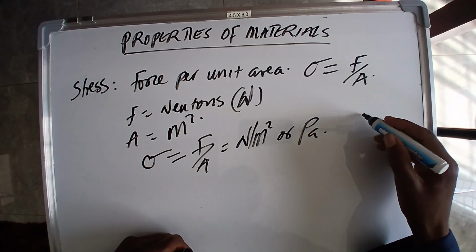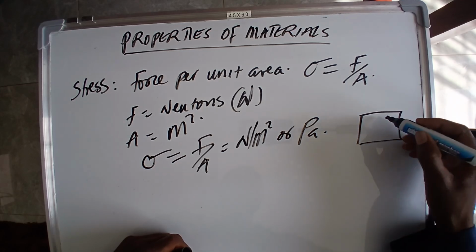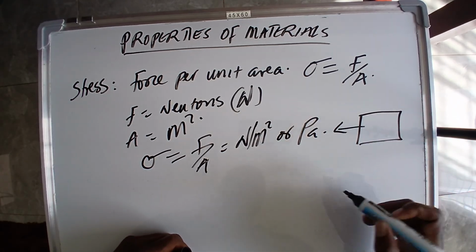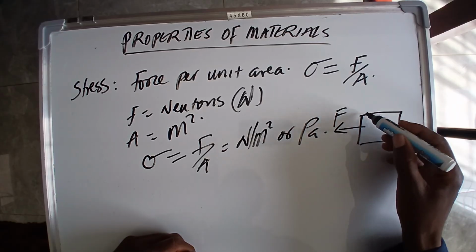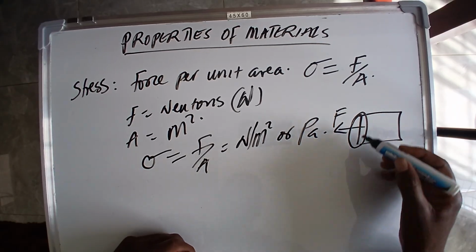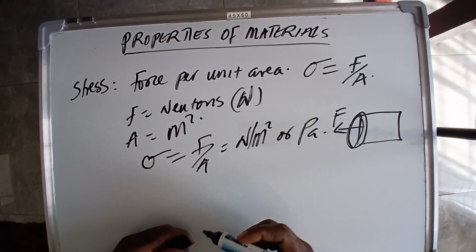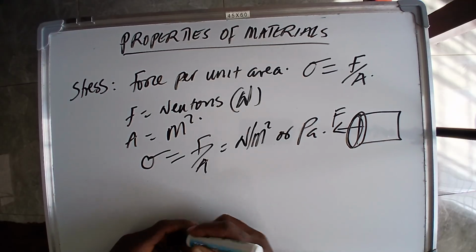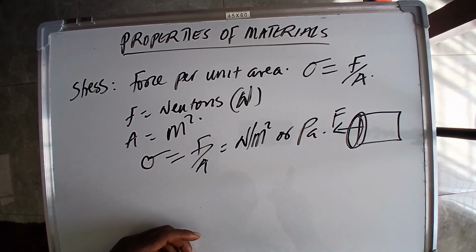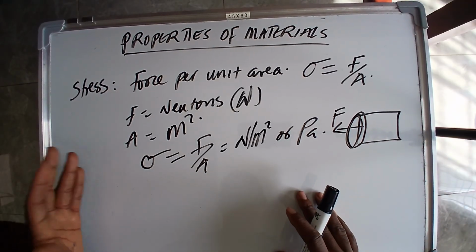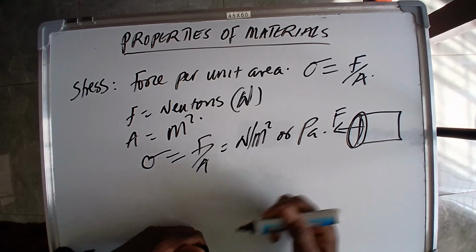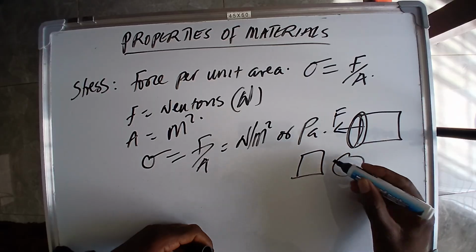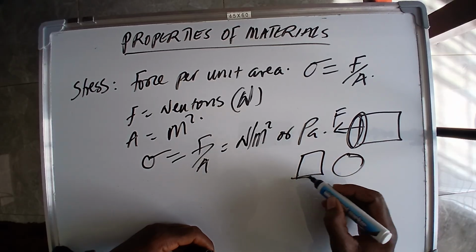So if you have got a force that is pulling this object like that, this force divided by the cross-sectional area of this object is what will give us stress. The bars or materials over which the force is going to act can be rectangular or circular, so you have to find the cross-sectional area.